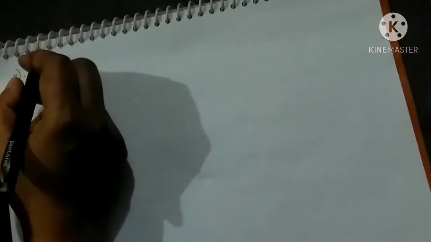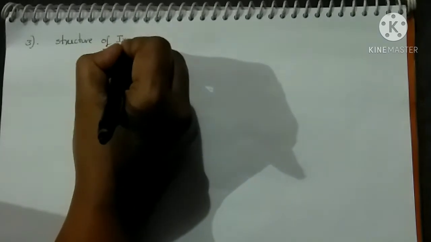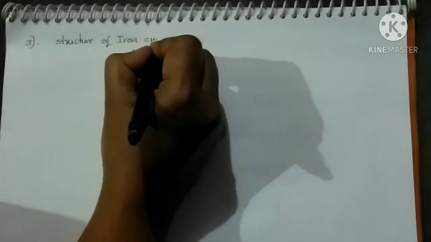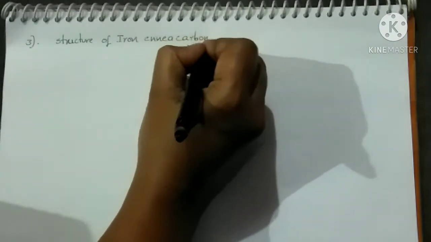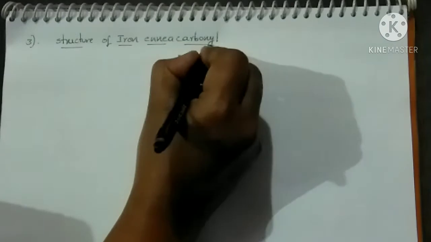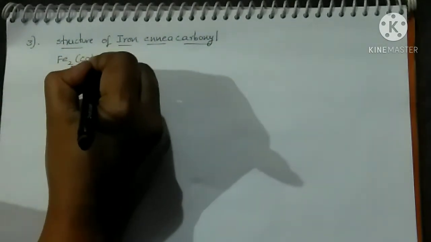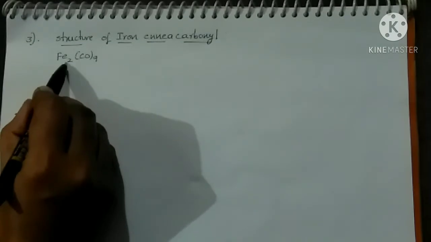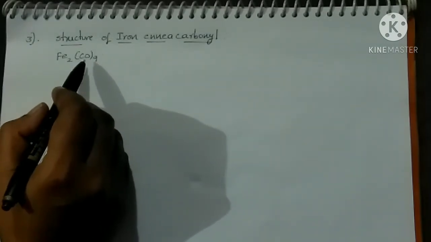So next we see the structure of iron nonacarbonyl. So iron nonacarbonyl is Fe2(CO)9, 2 iron atoms bonded with 9 carbon monoxide groups.